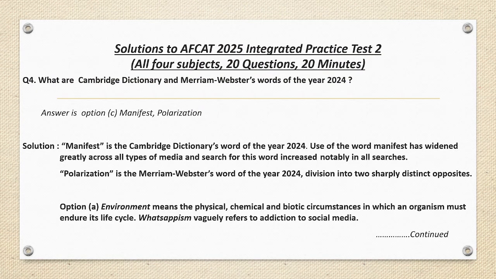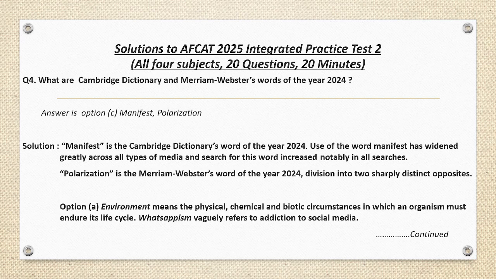Next, what are the Cambridge Dictionary and Merriam-Webster's words of the year 2024? Now, Cambridge Dictionary has selected manifest as the word of the year 2024 because this is the word which has popped up in most of the searches on the internet, right?